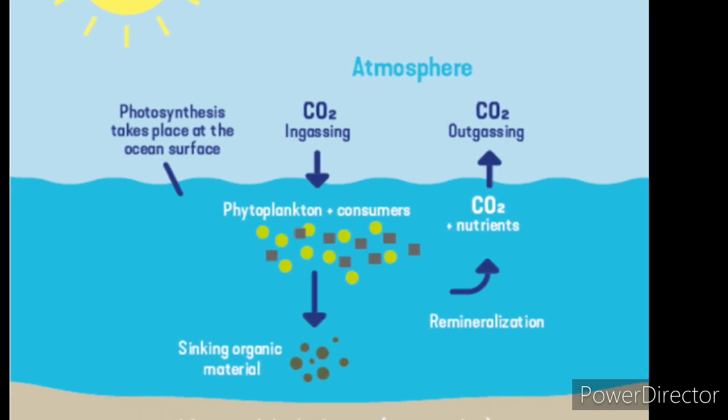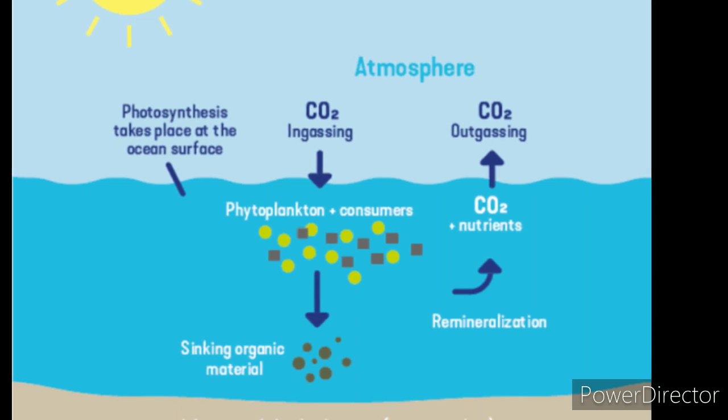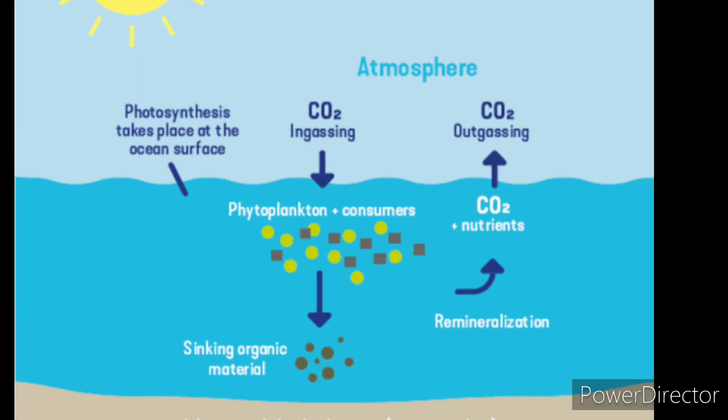So as you can see, in a marine ecosystem there are also different kinds of organisms: producers, primary consumers, secondary consumers, tertiary consumers, and apex predators.